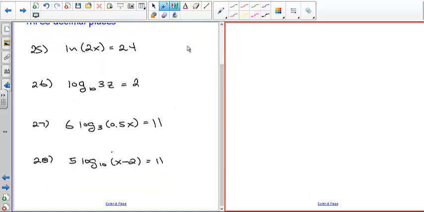Okay, here we have log base 3. So first thing we're going to do is divide both sides by 6. So we get 1.83333. Then you use a base of 3, and the exponents are the left and right hand side of the original expression.